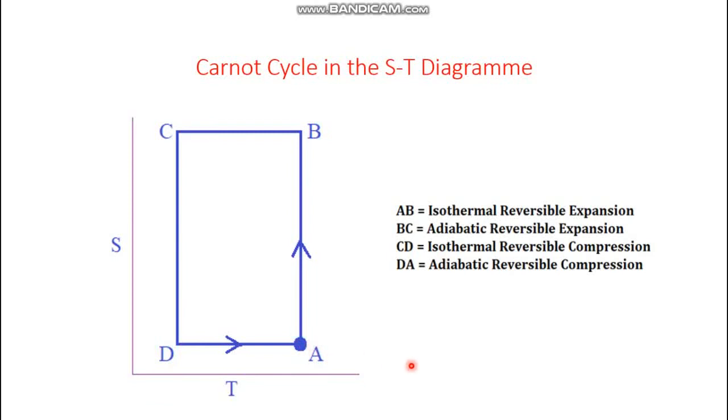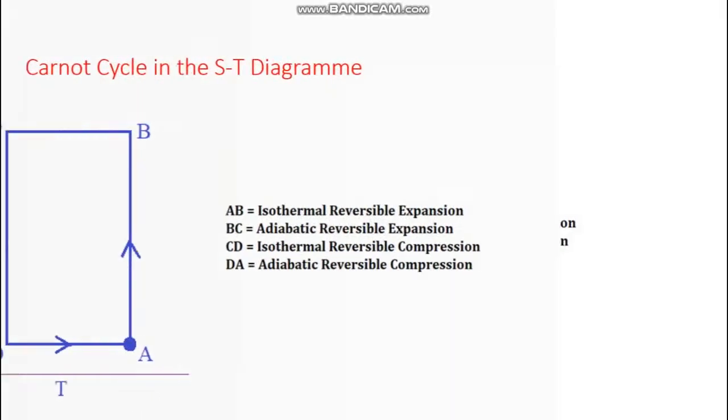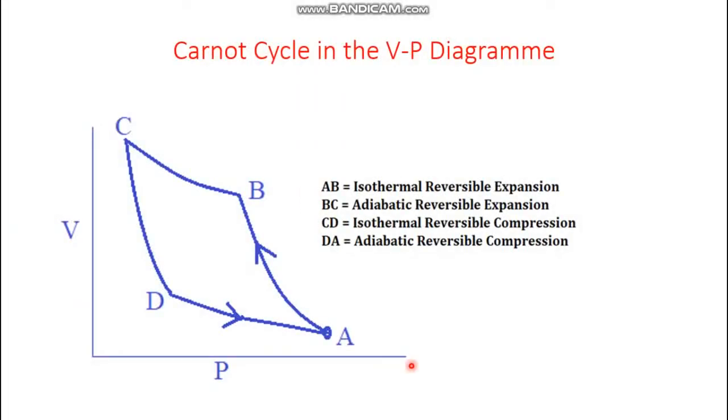And if this PV diagram is drawn in the reversed way, that means V versus P, then it would look like this. Here, isothermal reversible expansion and adiabatic reversible expansion. One thing you must mark here, the slope for isothermal is greater, and for adiabatic the slope is less steep. Why?